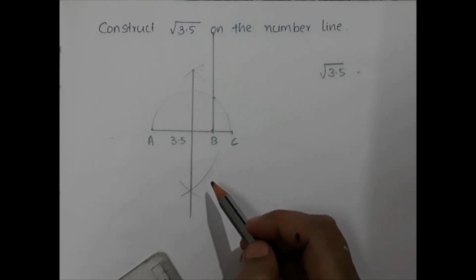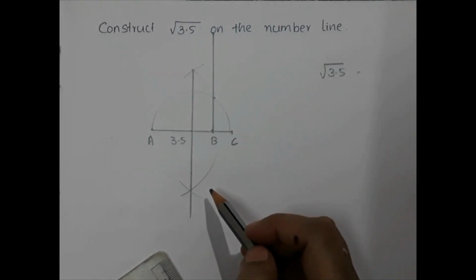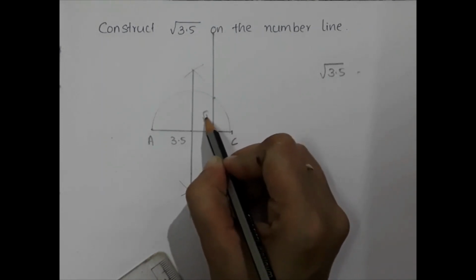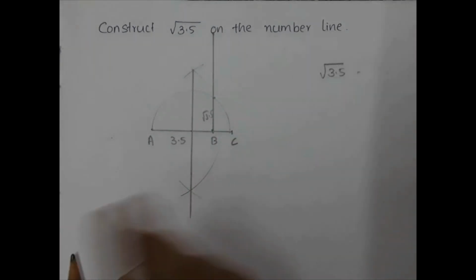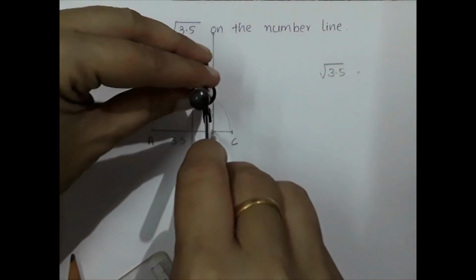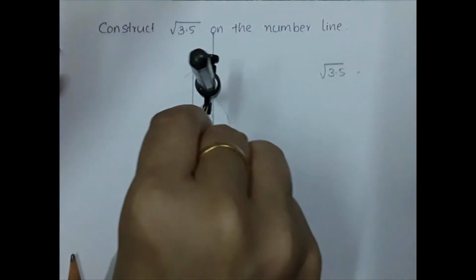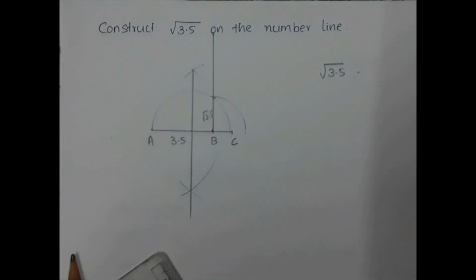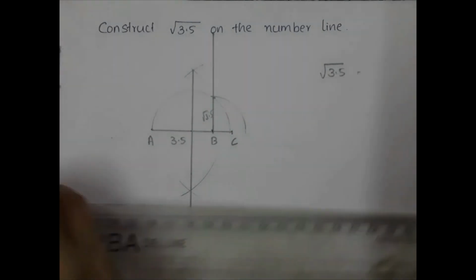Represents root 3.5. So you have to represent that on the number line. For that purpose, again you want to measure this much and draw the arc like this, extending this line.